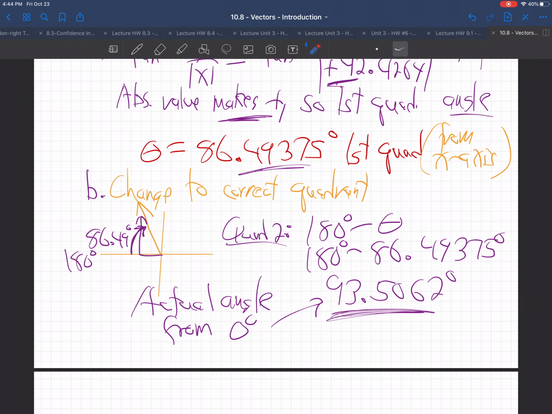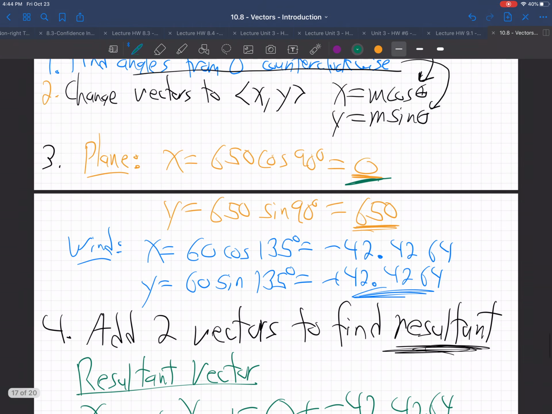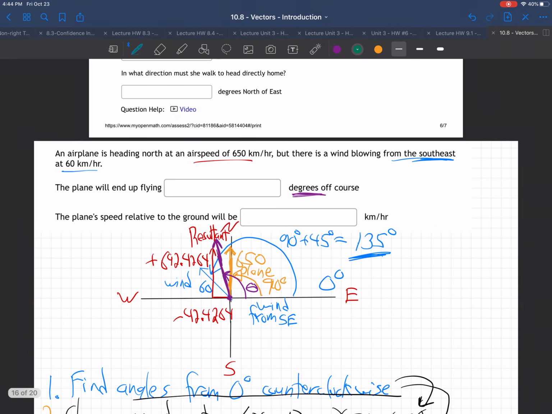So that's the actual angle, 93.5062 degrees. That's the actual angle of the vector. So if we're going back up to here, that means from here to there is that 93.5062 degrees.